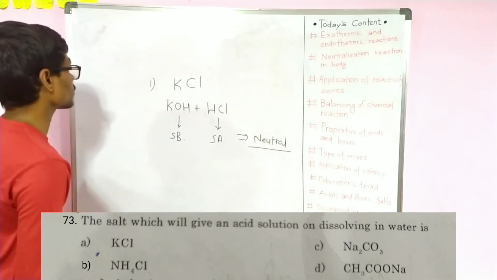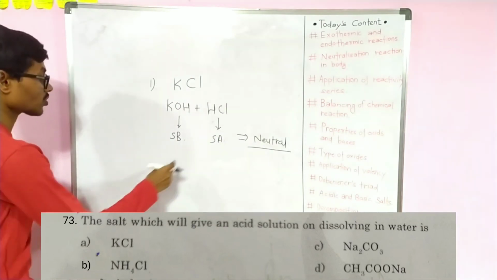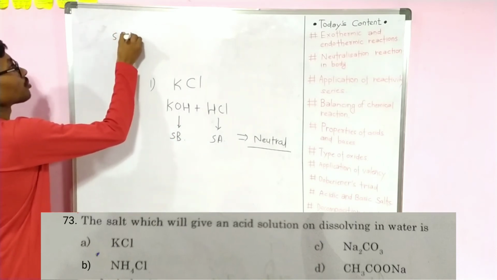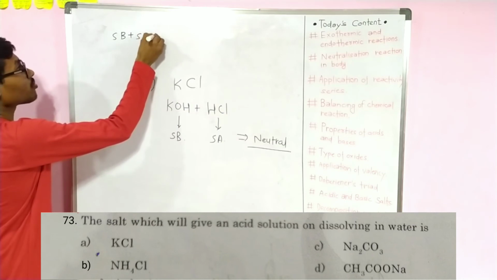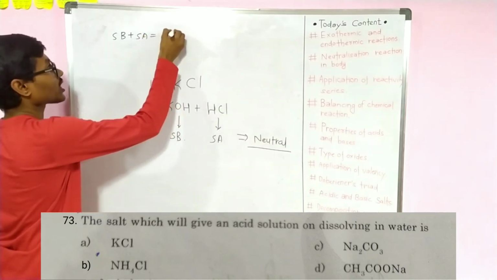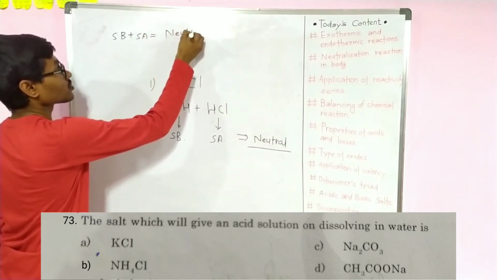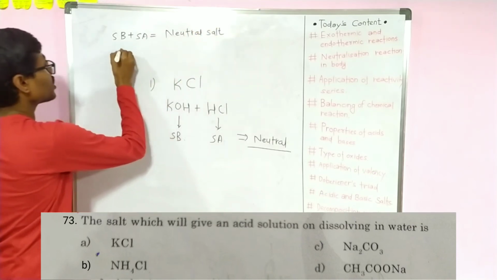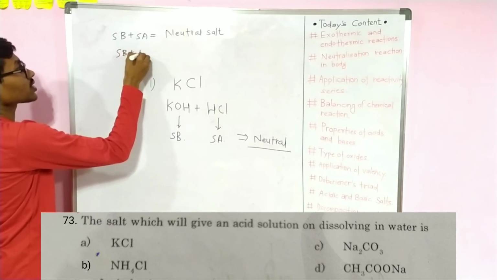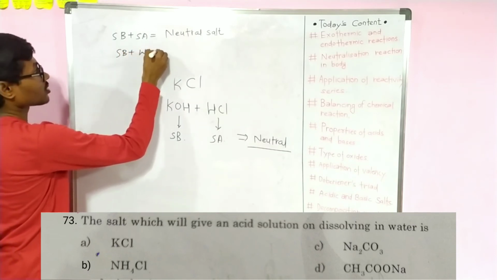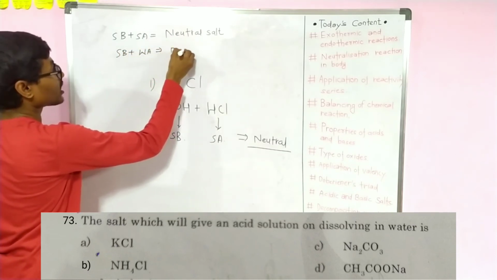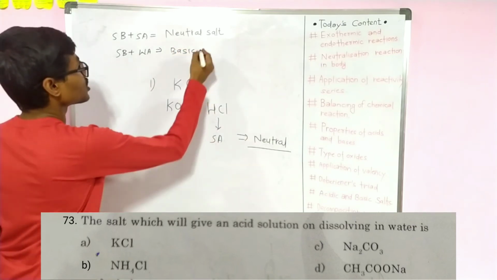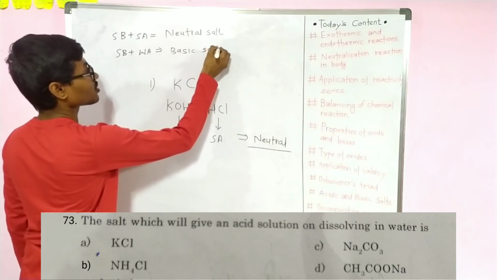Now theory for this question: when strong base plus strong acid combine, they form neutral salt. When strong base and weak acid combine, they form basic salt.